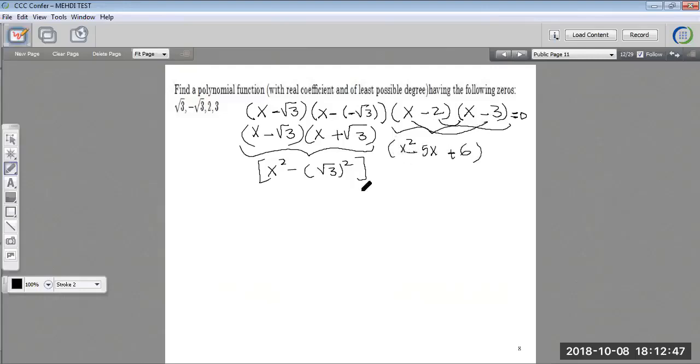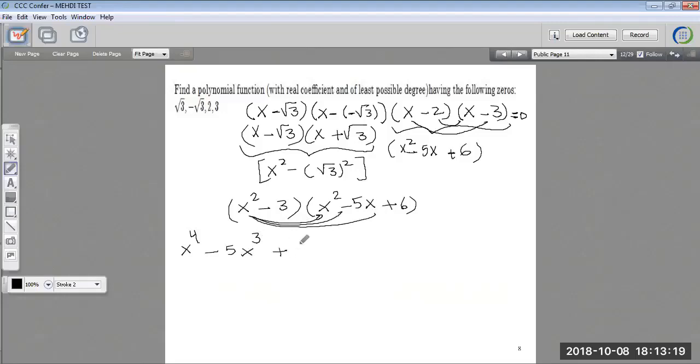So here I get x squared minus 3, times x squared minus 5x plus 6. All right, I need to multiply term by term. I get x to the power of 4 minus 5x to the power of 3 plus 6x to the power of 2.